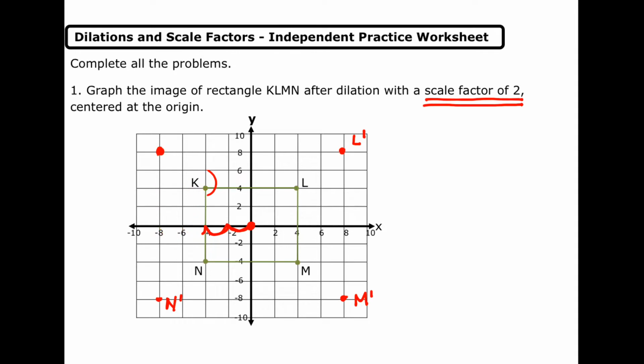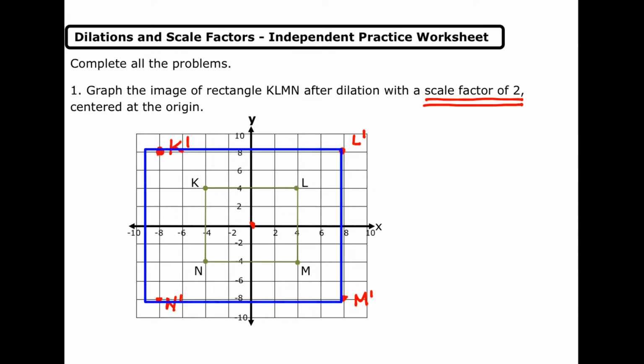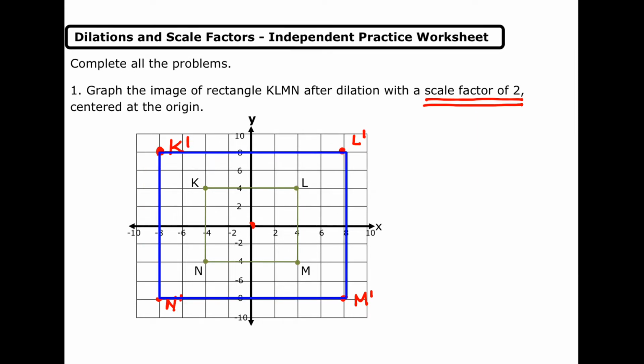So that gives us our K prime. I'm going to connect all of our points with lines to show our new dilated figure. So we did that by counting the distance from the center of dilation out to each of the vertices.